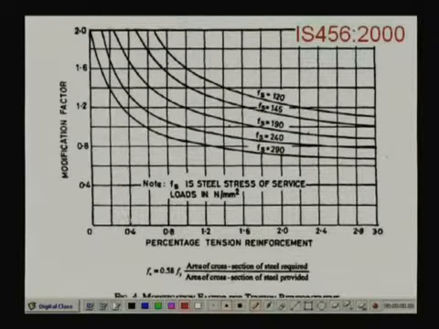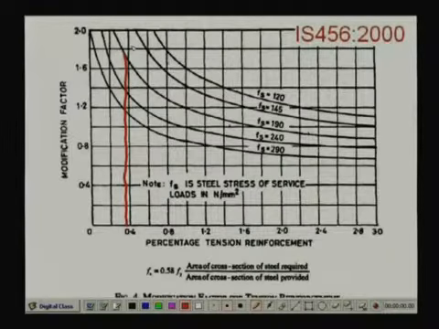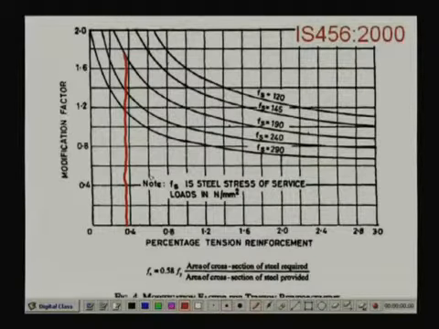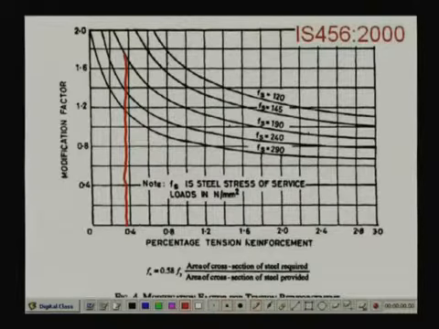If we go this way, we shall get it somewhere here. And what is the value? 218. You can see that it is dependent on the value of Fs, 120, 145, 190. It means that if you provide more reinforcement, your modification factor will also be more. That way also you can manipulate a little bit.